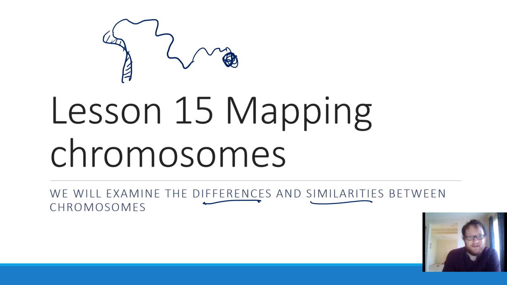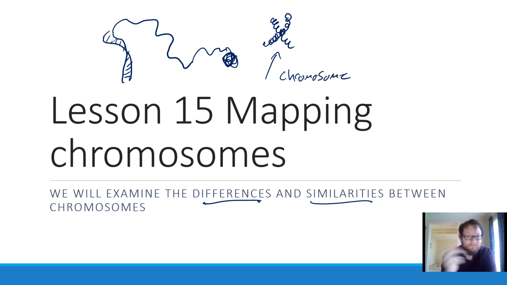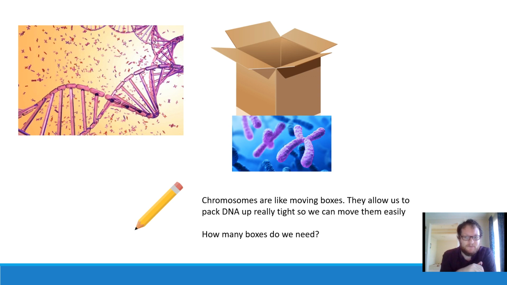If we wrap the big long DNA around the balls, we can actually get things that look like this. That is going to be a chromosome. So, okay, fine. Why do they do that? What is the advantage of it? That's what we're going to answer here.